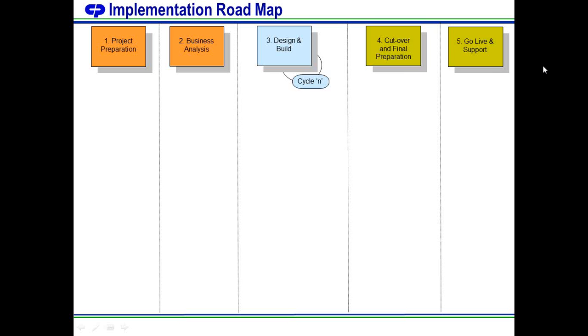So SAP felt the need for a dedicated methodology to be followed by all implementation partners, and came up with this solution called ASAP. So all the implementation partners, whether it is IBM or Accenture or Atos Origin or PricewaterhouseCoopers, when they start implementing SAP for their clients, would follow this 5-phase ASAP methodology.